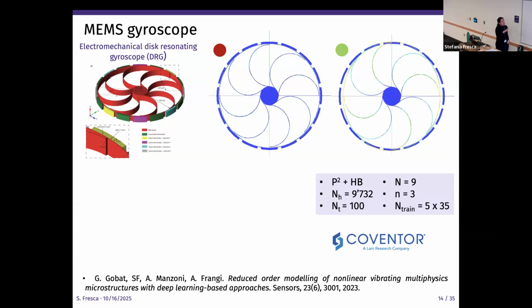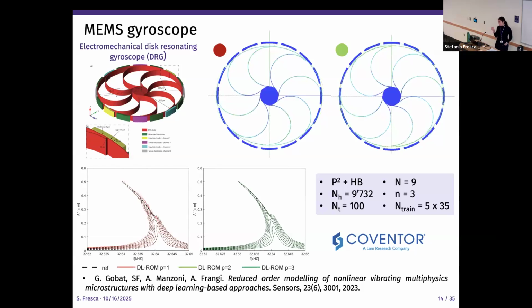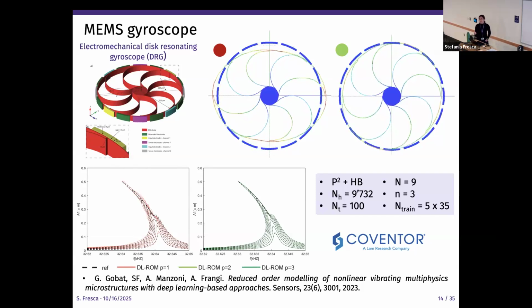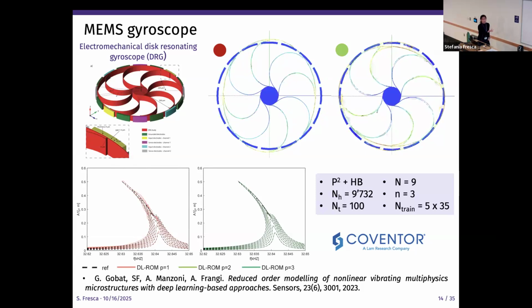And this can be seen as a first reason to understand why, from a reduced order modeling point of view, at least two latent variables are needed in order to be able to reconstruct the dynamics. Indeed, using just one latent variable was not enough. We were not able to capture the FRF.